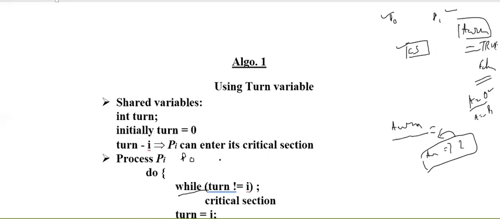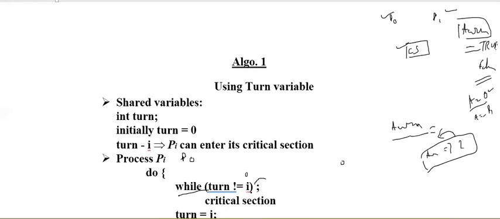Suppose at the start it is 0 and the P0 process arrived. It checks while turn is not equal to 0, meaning this is not my turn. If it is not my turn, then I am not going to enter. Otherwise, I'll enter into the critical section.